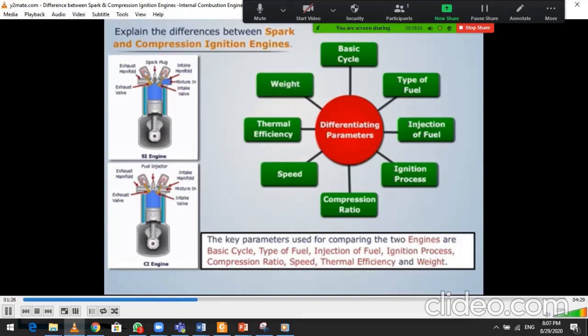Now let us compare spark and compressed engines on these parameters one by one.